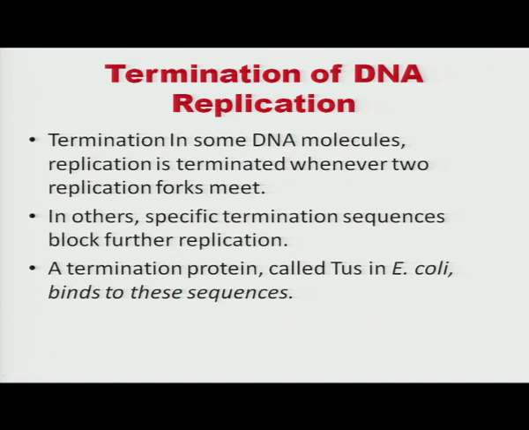If both the forks meet together, the replication will be terminated. And another is specified by termination sequences, where a Tus protein will be added, and this Tus protein will inhibit the movement of DNA helicase, and because of that the DNA replication will be terminated.